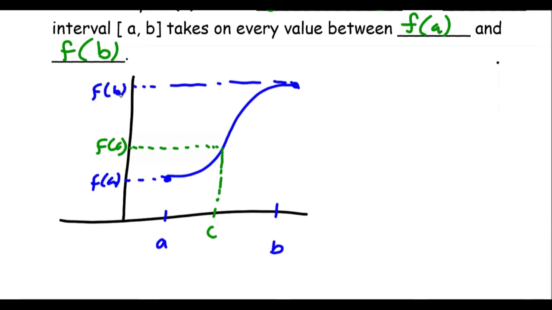That's all it says. So if I pick any value here, my function value will be equal to or between f of a and f of b. That kind of makes sense, right?